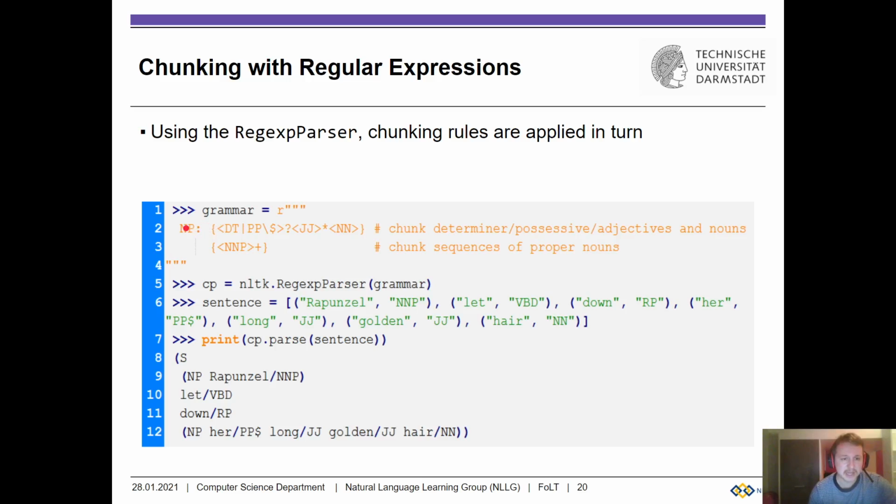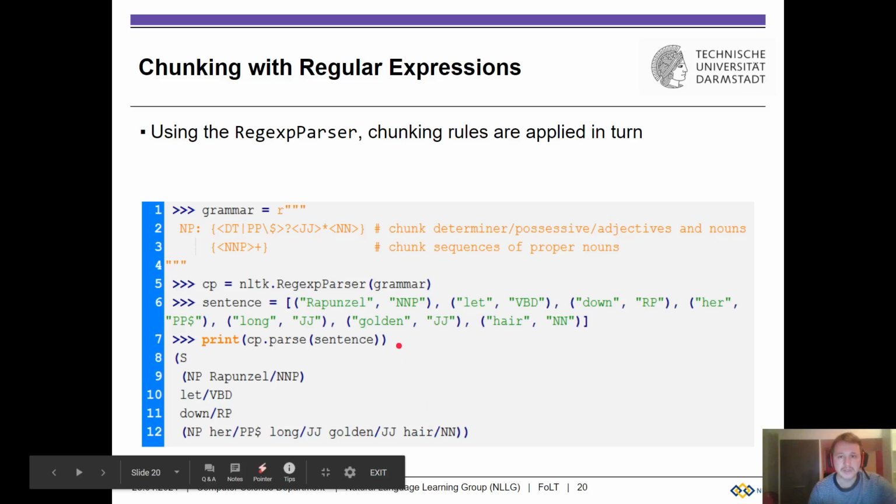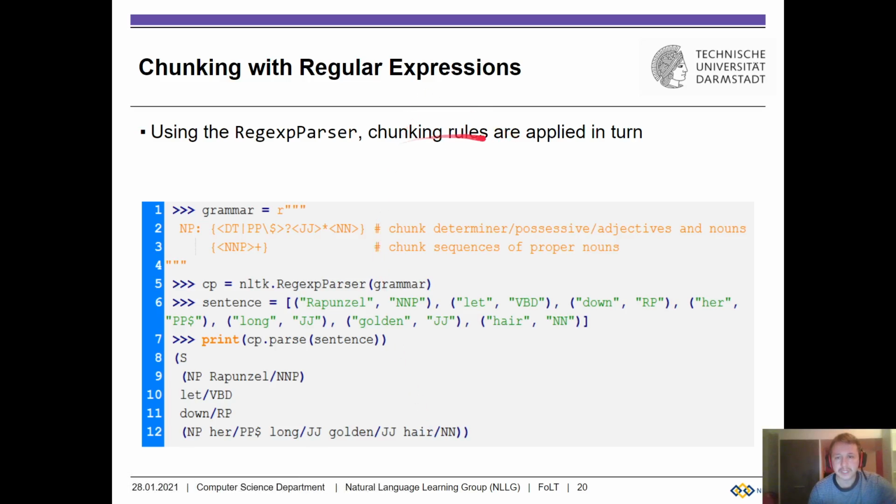So we say an NP is one of those different tag patterns. We then compile our regular expression and apply it to the sentence from above, like Rapunzel let down her long golden hair. We parse the sentence, and then we would identify those two. The important thing is that the chunking rules are applied in turn. So we check whether this rule applies or not, and if it does not apply, we check whether this rule applies. So they are applied in sequential order.